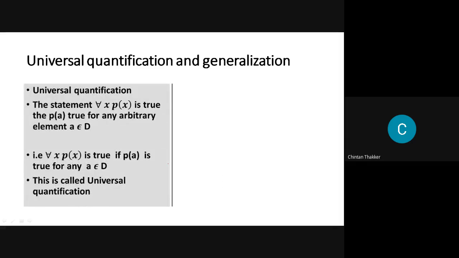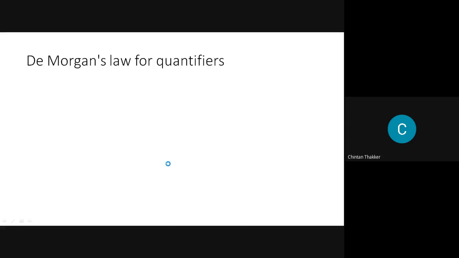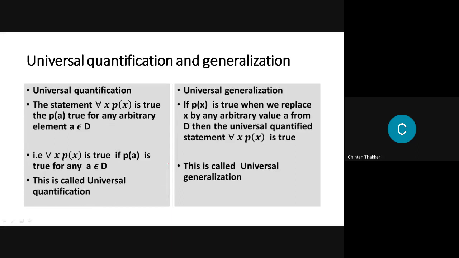Here universal quantification and generalization is given. Universal quantification is: if we have for all x P(x) is true, then P(a) is true for any arbitrary element a belonging to D. This statement is called universal quantification.